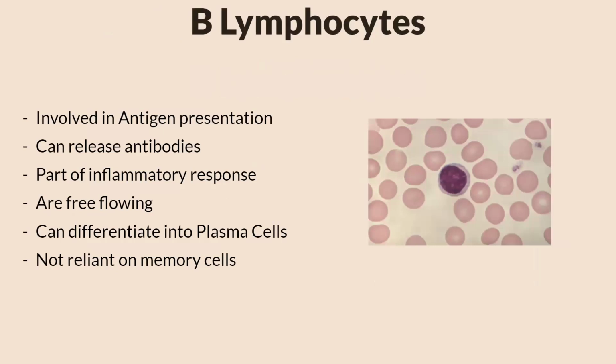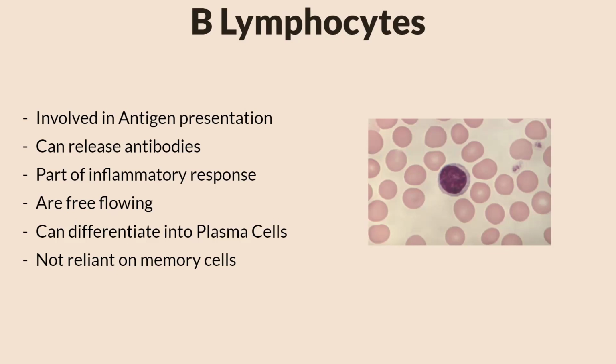Okay, so B lymphocytes are involved in antigen presentation. This is when the B lymphocytes will take in the antigen, dismantle it in a way that preserves certain parts of the antigen so that it can be presented back outside the cell. And this allows it to release antibodies, and it's part of the inflammatory response. These are generally free flowing, so they're transient.